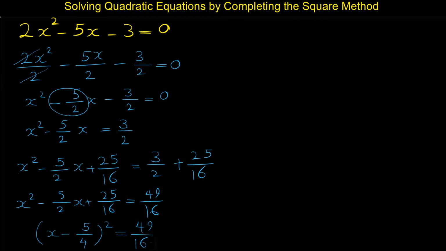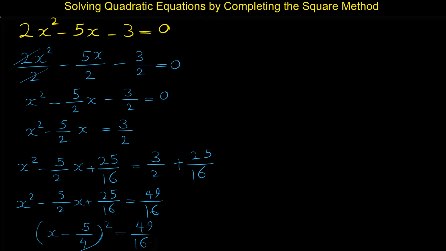A common mistake that many students make in this particular example is that for finding this number, they use the original equation and divide this negative 5 by 2. Don't make this mistake, and don't use the original equation for finding this number when the coefficient of x² is not 1.